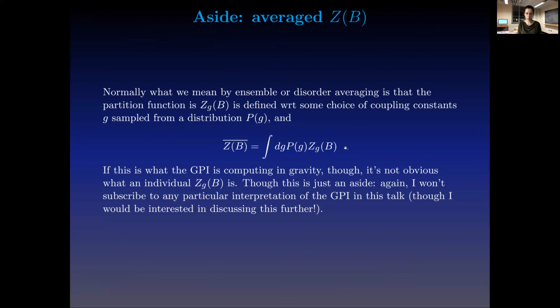Now, if this is what the gravitational path integral is computing in gravity, it's really not obvious what an individual member of this is, what a Z sub G is. Now, I think this is fascinating, and again, this is just an aside. I won't subscribe to any particular interpretation of the gravitational path integral in this talk, but it would be nice to have a discussion on this further if anyone in the audience is interested. I think this is a very interesting question.